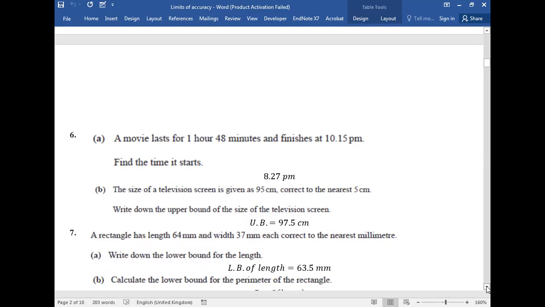The question was only asking about the length. Length 63.5 millimeters. That's it.